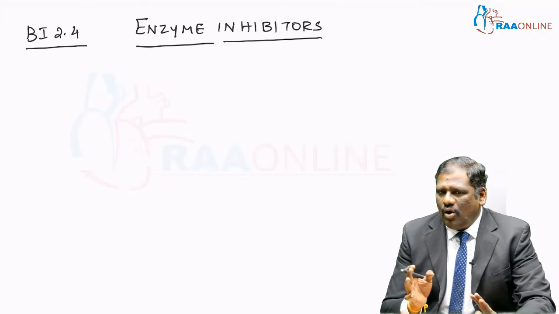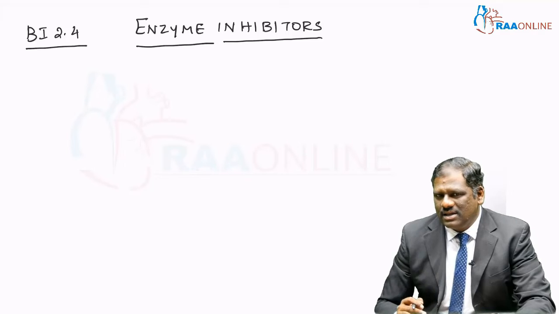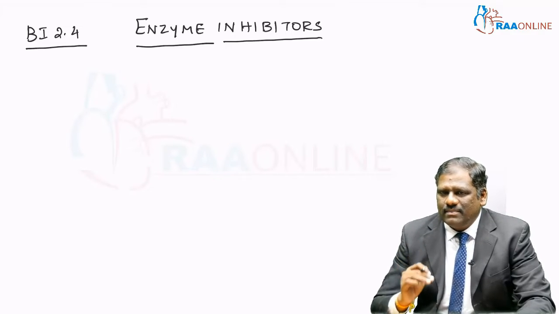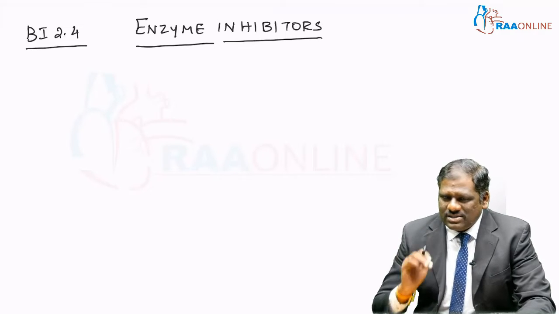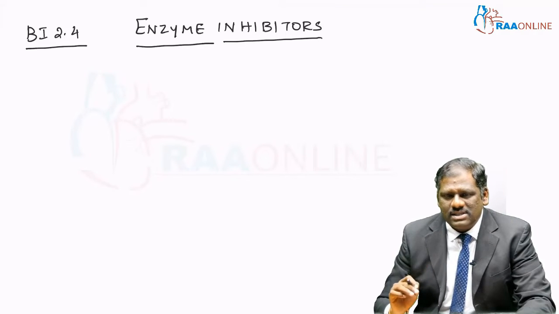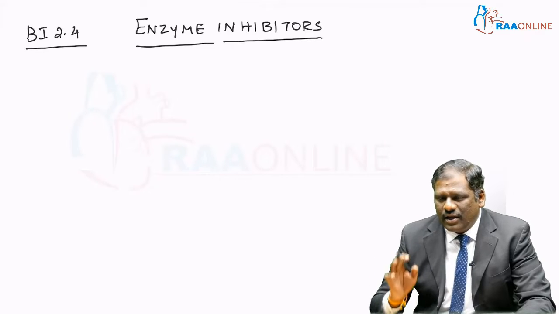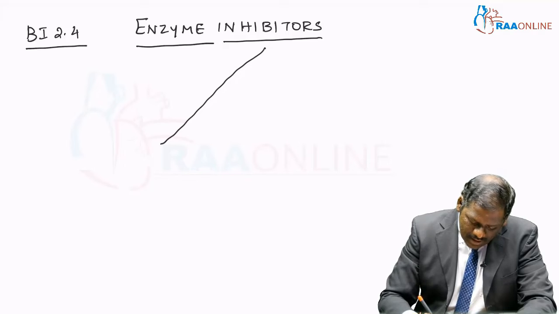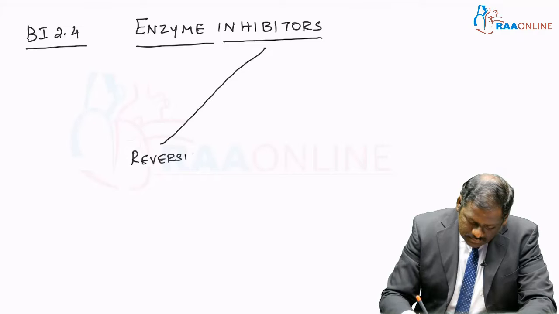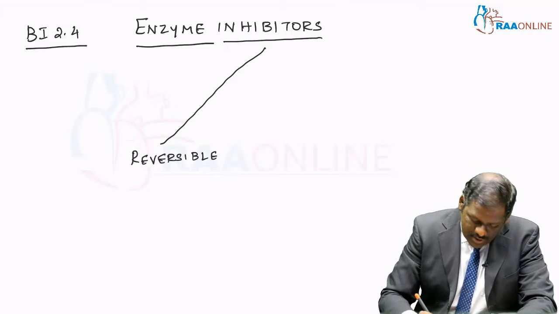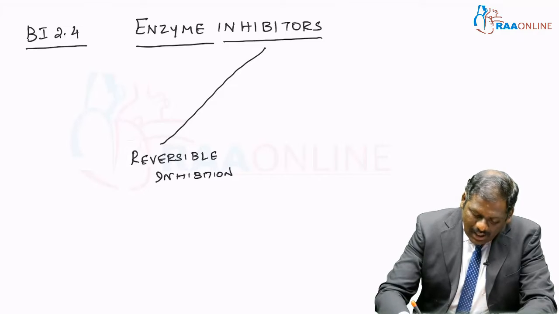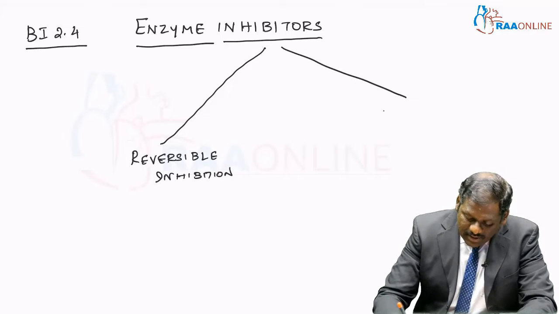With respect to all these various mechanisms, we can have various kinds of classification of the enzyme inhibitors. As of now, the enzyme inhibitors can be broadly classified into two major types. The first type will be reversible inhibition, and the second one will be irreversible inhibition.